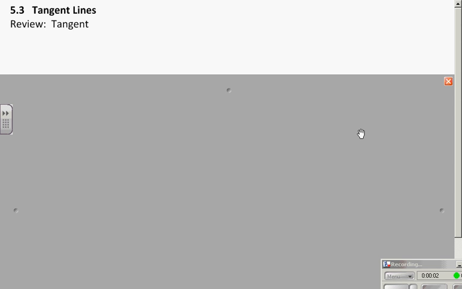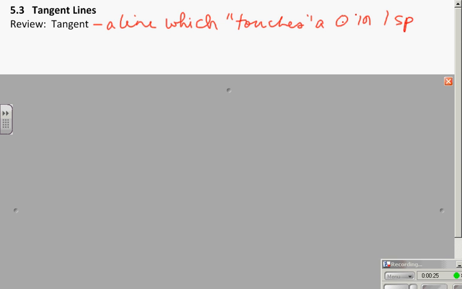So 5.3, misnoted as 5.4 in your notes, so make that correction, is reviewing and talking specifically about a tangent line. So just to review, remember a tangent is a line which touches a circle in one spot.